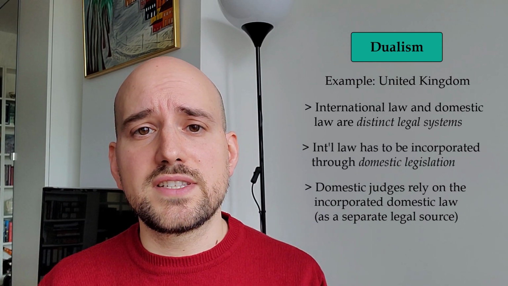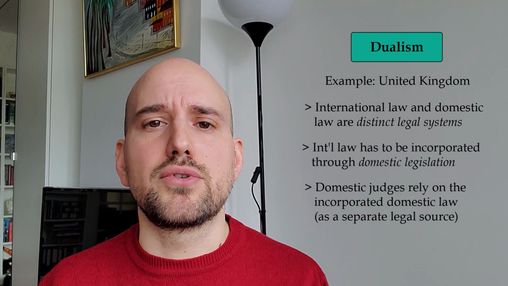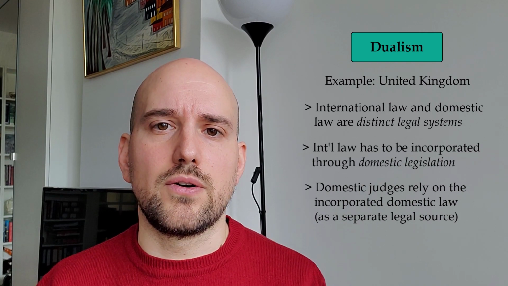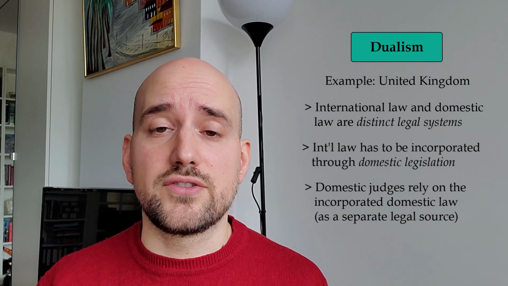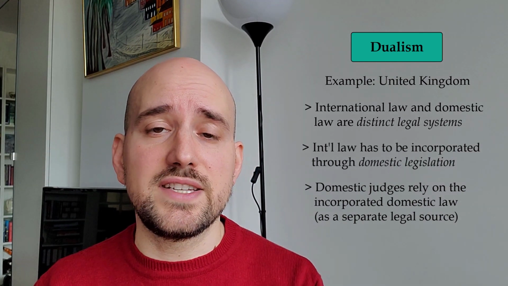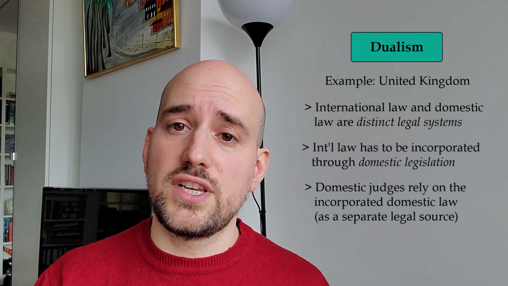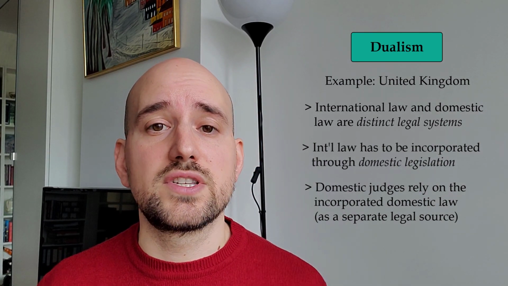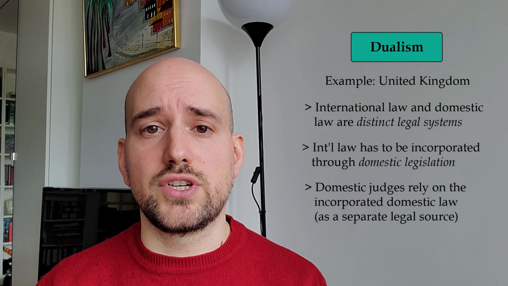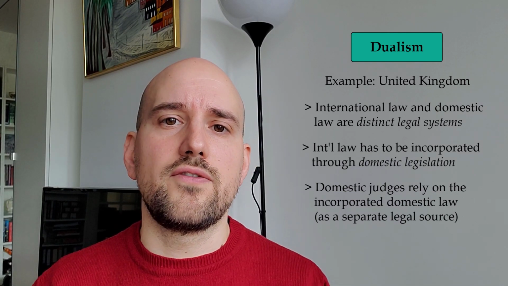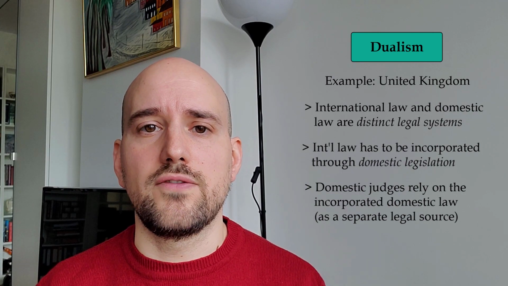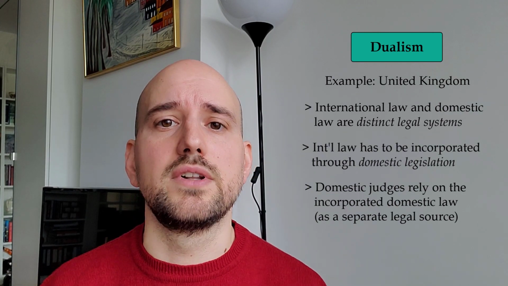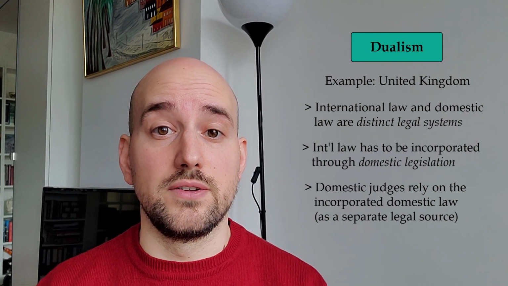The advantage of the system is that it provides a shield, a protection for domestic legal orders from unwanted penetration by, for example, treaties or judicial decisions by various international courts. Domestic institutions, in particular the legislature, but also the courts, are in charge of the law of the land, are in charge of the legal obligations that are applicable within the jurisdiction of this dualist state.